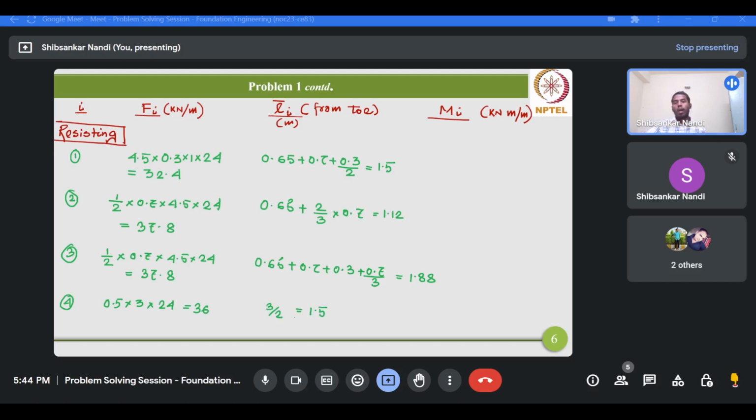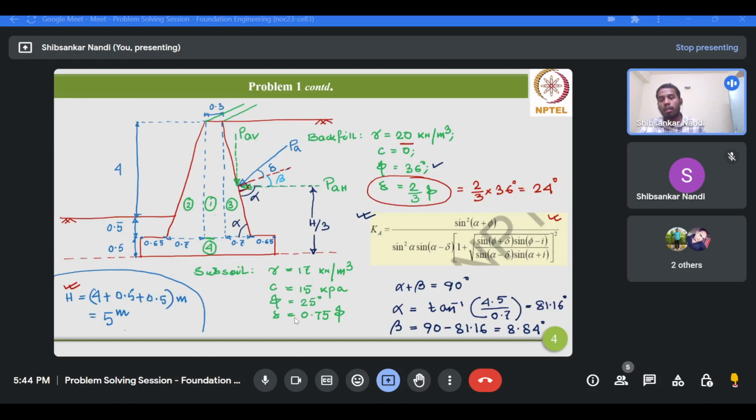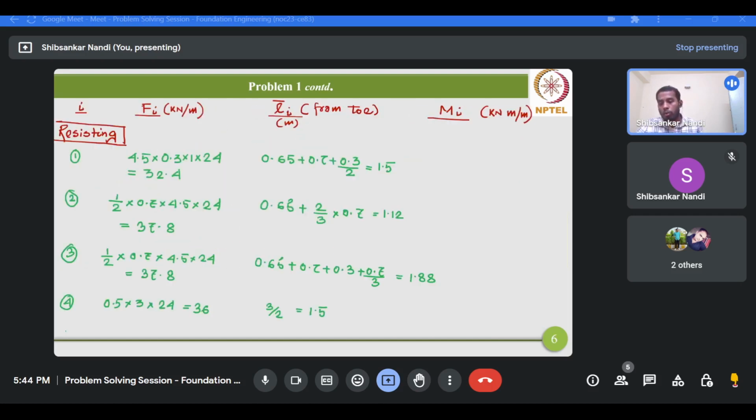Now apart from these 4 components, that is the weight of the gravity retaining wall, this vertical component PAV will also try to resist the driving forces exerted on the retaining wall. So PAV we have to also include.